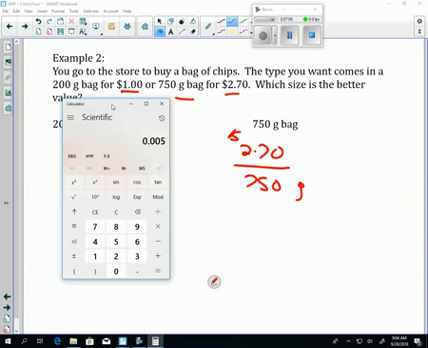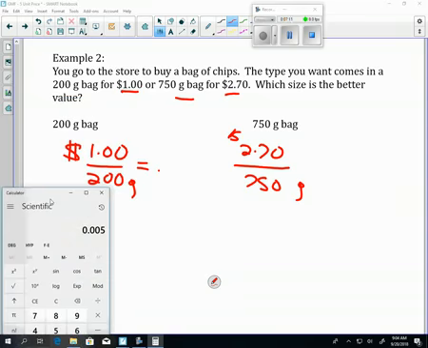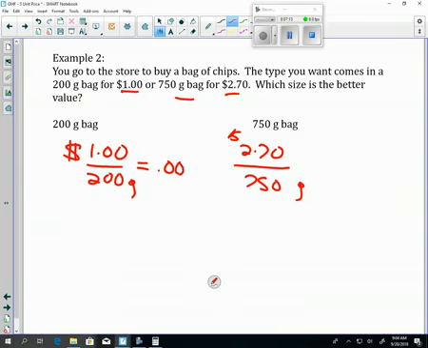We get 0.005. That's per gram. A gram is a very, very small unit.